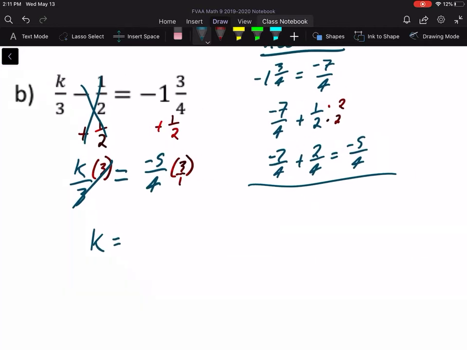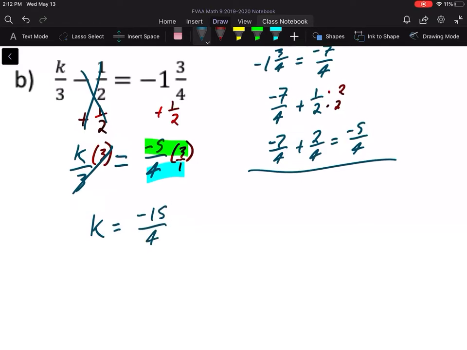And then here I'm multiplying fractions, but it's just top times top and bottom times bottom, right? And so here it's negative 5 times 3 is negative 15, and 4 times 1 is 4. And then the last step, you can change that into a mixed fraction.